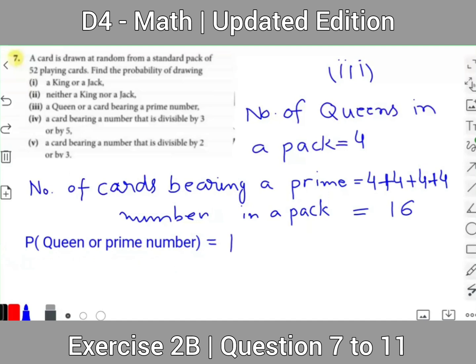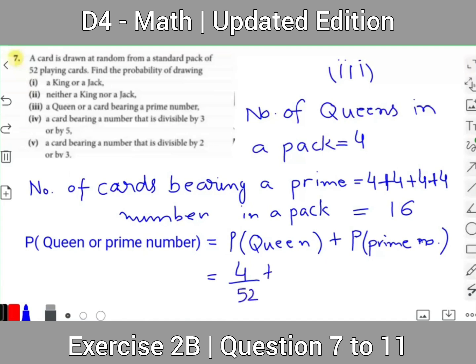So here we will apply the additive law of probability: the probability of a queen plus the probability of a prime number. So the probability for the queen will be 4 over the total number of cards, 52, plus the number of cards bearing a prime number in a pack, which was 16.